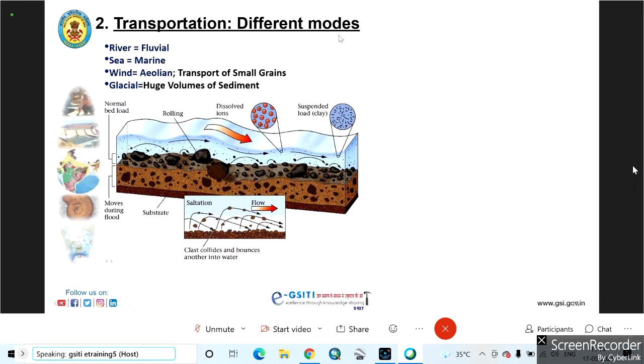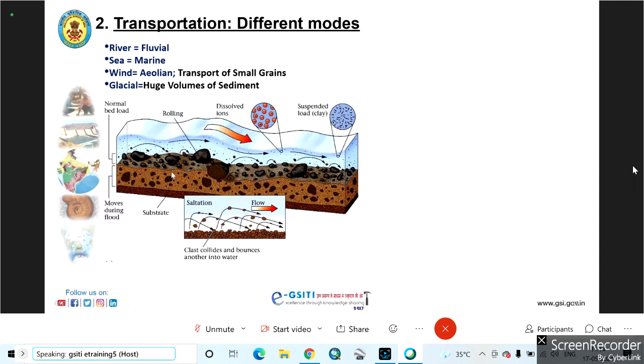So there are different modes of transportation that take place in the river, sea, wind and glaciation. And here in the lower part, you see that the transportation of sediments takes place by the fluid.